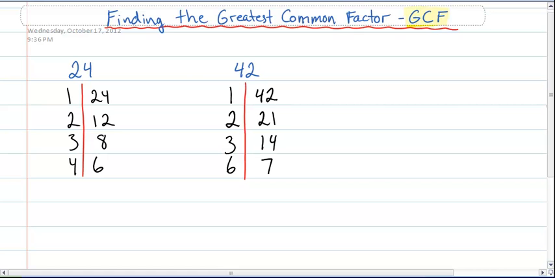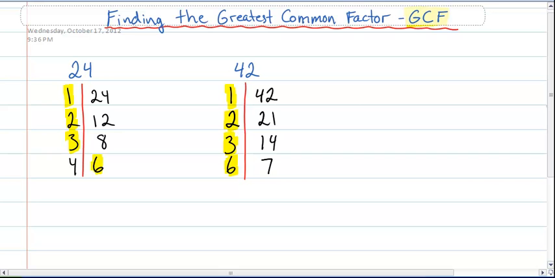And now when I look at all my factors of 42, the ones that are common are 1 and 1, 2 and 2, 3 and 3, not 4, but I have 6 and 6 is common, and then I don't think I have anything else.